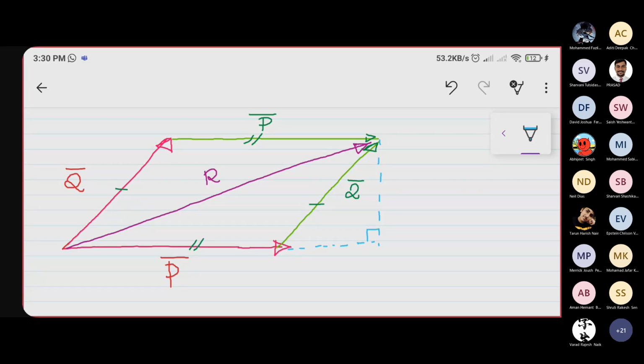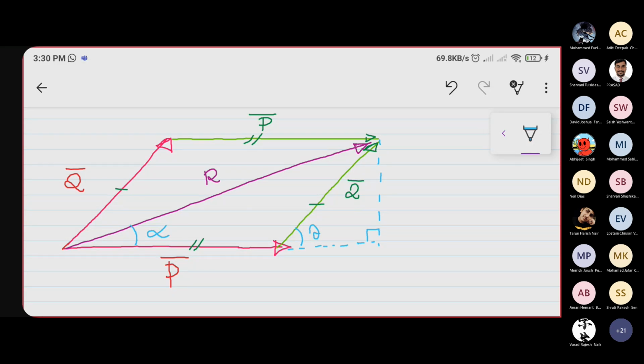Now let's consider this one angle as alpha and the other angle as theta.